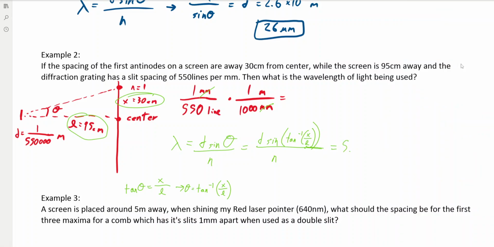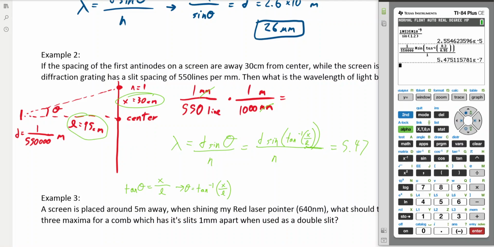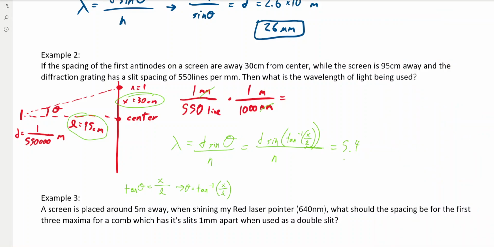So 5.47, I think. 48. Hold on. 475 times 10 to the -7 meters. Again, we will be switching this to nanometers by noticing that nano means times 10 to the -9.